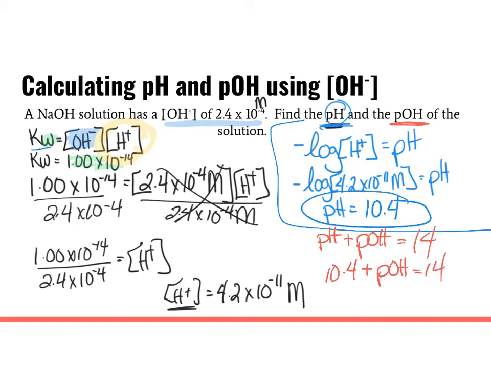So if I subtract 10.4 from both sides, I end up with pOH, and pOH is equal to 3.6. Okay, so you guys can see that takes a lot longer to calculate, but that's how you're going to go through. If you are given the concentration here, you have to put it into Kw first and then go to pH and then pOH.